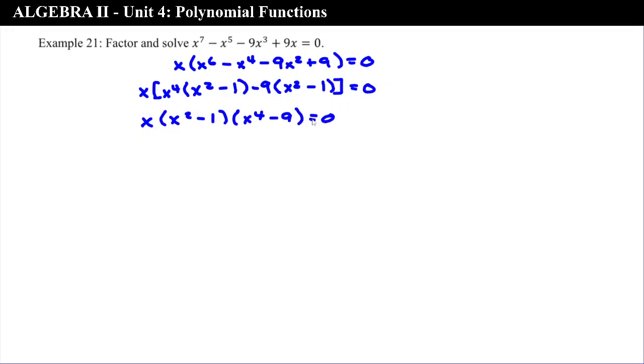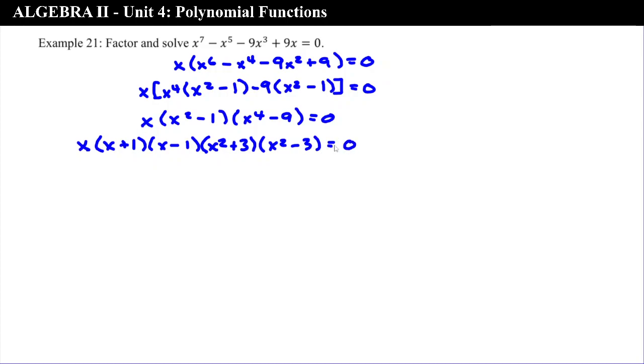Well, we do have more factoring to do because x squared minus 1 is a difference of squares, so let's factor that. We have x plus 1 times x minus 1. X to the 4th minus 9 is also a difference of squares, so we've got x squared plus 3, x squared minus 3.